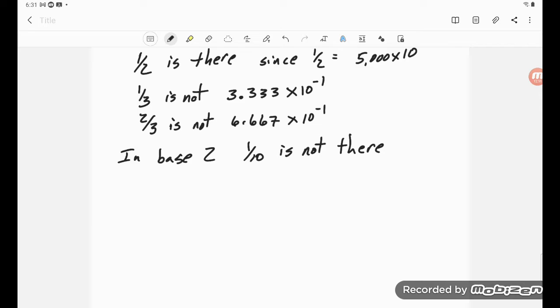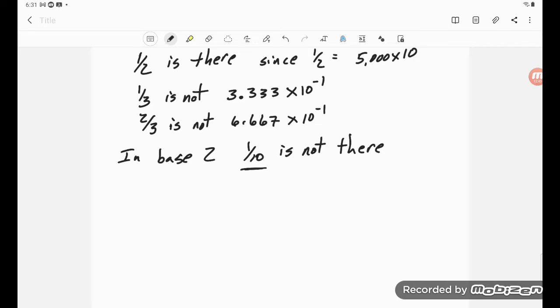Can't be done. So actually numbers that you would think are really nice and easy that are there, no, it's not actually there. So you think you're putting in 1/10 or 0.1, but it really doesn't. It goes in as a number very, very close to it. Okay. So we have to approximate a lot of numbers.